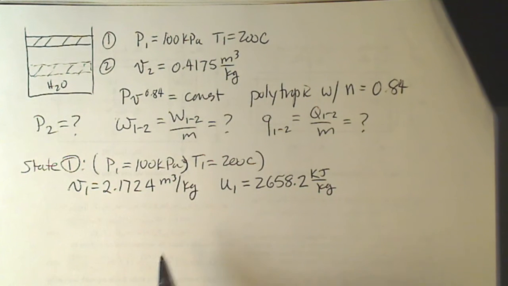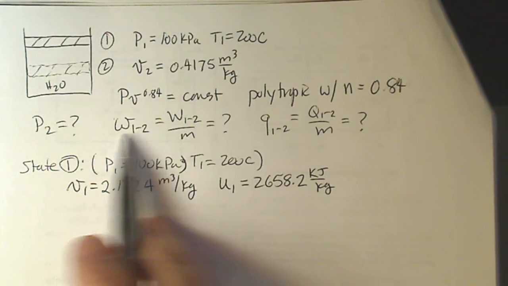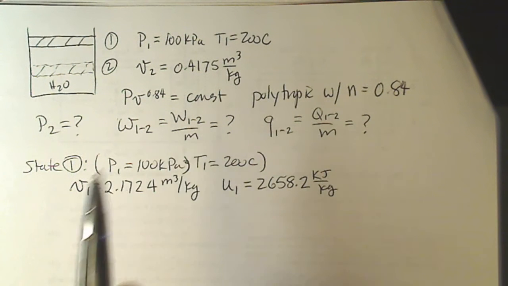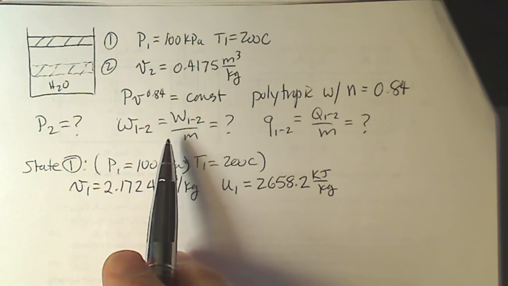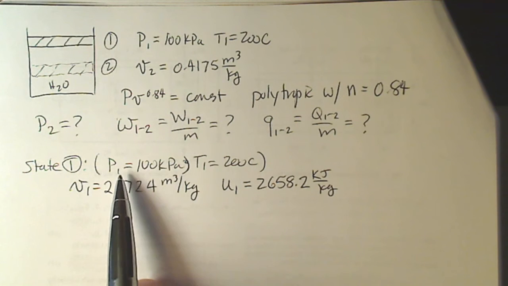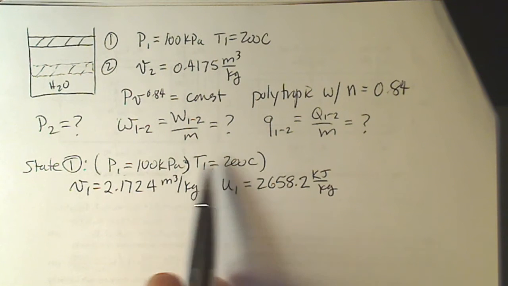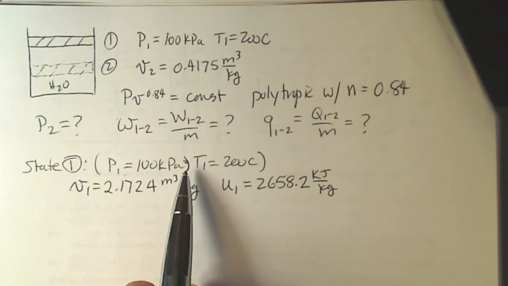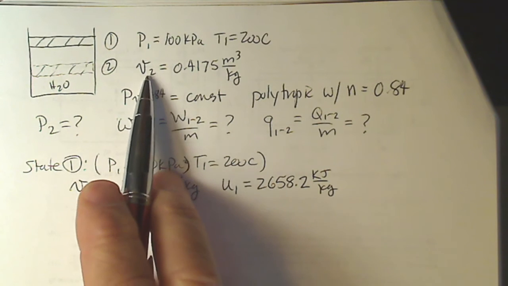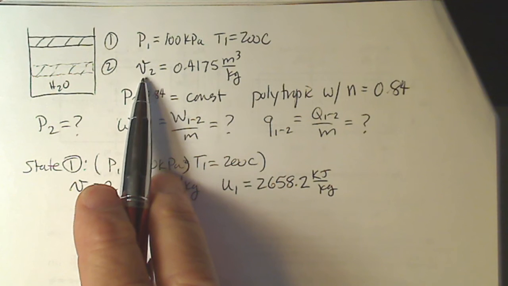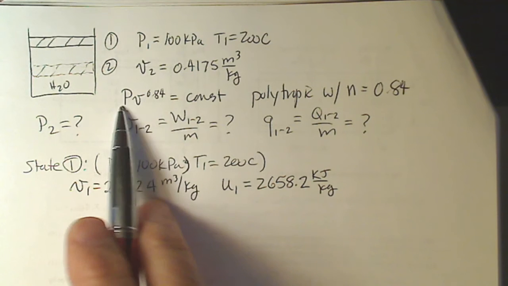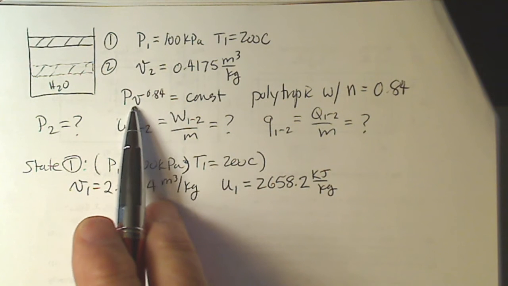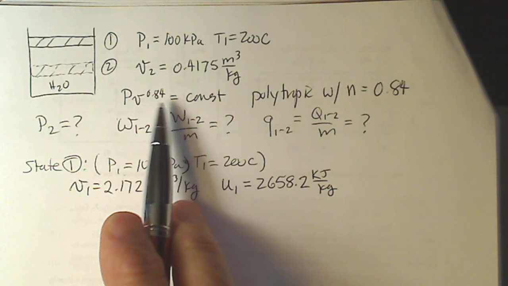To address this initial question, we need to precisely identify this second state, and by that I mean we need two property coordinates that we can use to locate the second state. We know one of them, the specific volume. However, we also know this relationship, this path that leads us from state 1 to state 2.